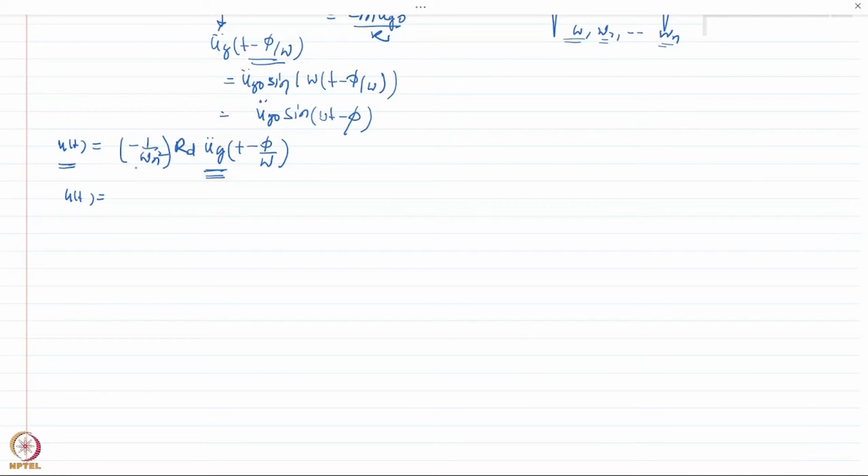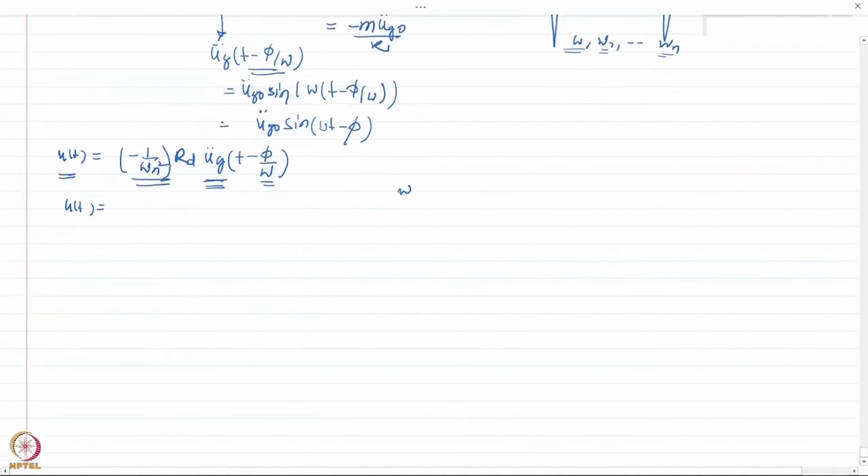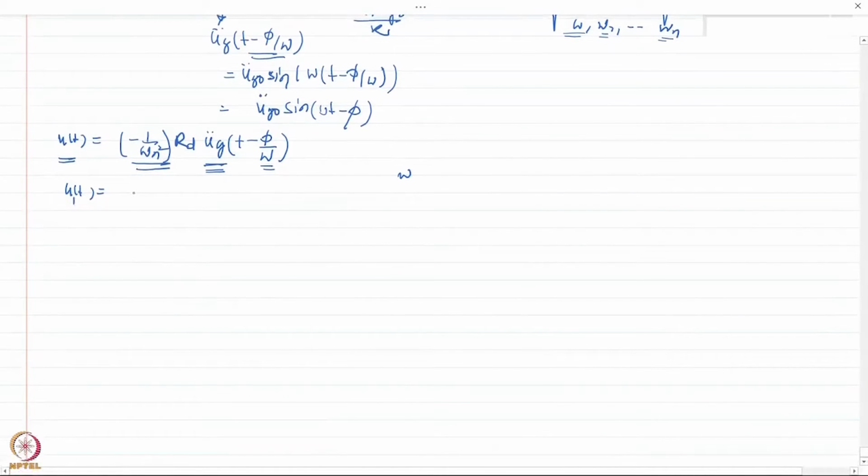So if somehow this term here and this term here are independent of the excitation frequency, then the instrument would provide me different values, let us say omega 1, due to a frequency omega.